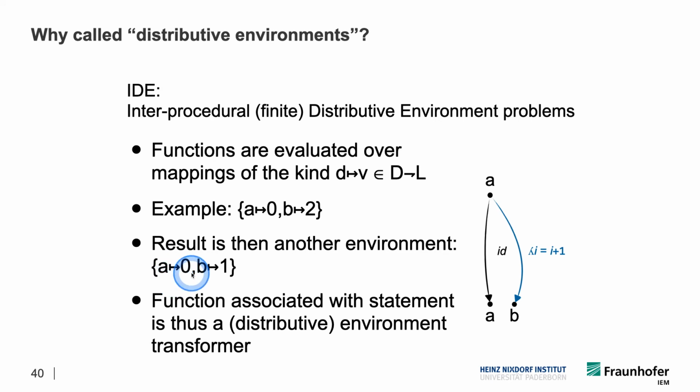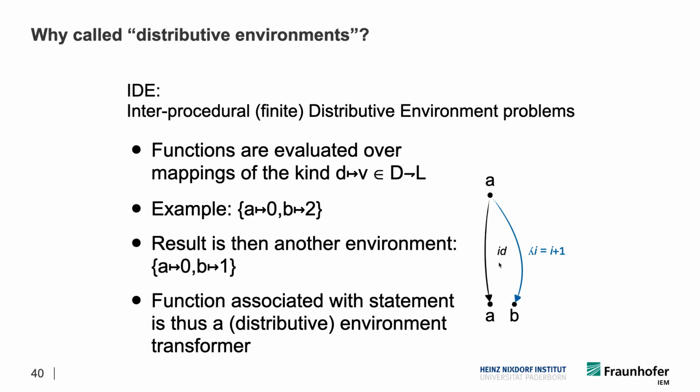Where A points to 0 and now B points to 1 because B has been assigned this 0 plus 1. Okay. So we have just transformed this environment into another, and therefore this whole flow function, or transfer function, that's really one environment transformer. And in particular, it's a distributive environment transformer, right? So that's why you have interprocedural distributive environment problems.